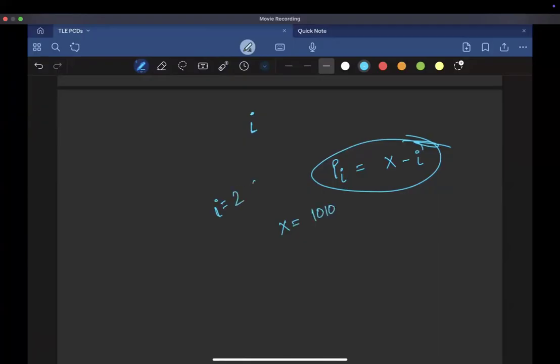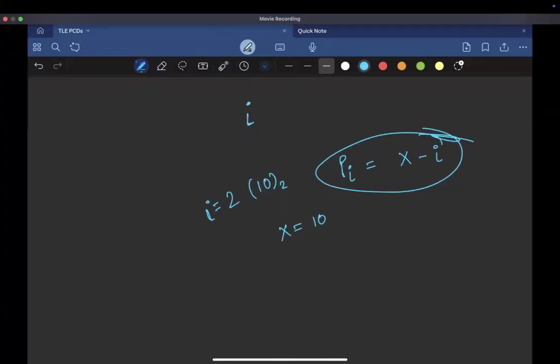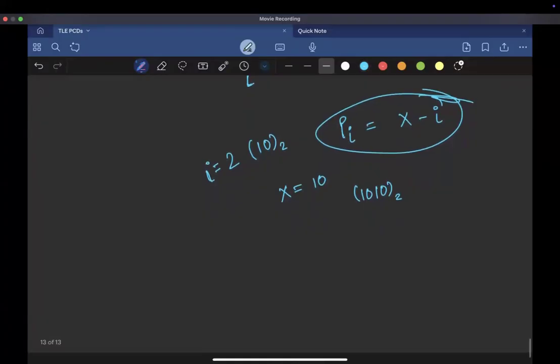I is 2, that is represented as 1 0 in binary representation, and X is 10, that is represented as 1 0 1 0 in binary representation. Then you need to have PI equal to X minus I, that is equal to 8.